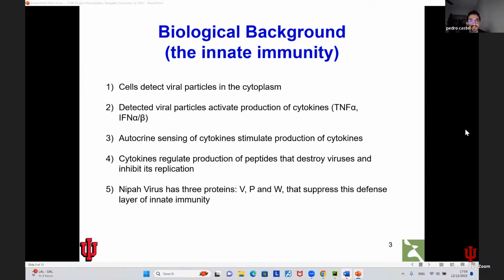This autocrine sensing amplifies the production of cytokines. So it's an exponential effect, exponential production of interferons. That's what leads to inflammation.